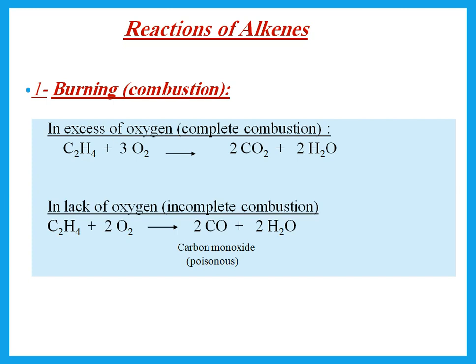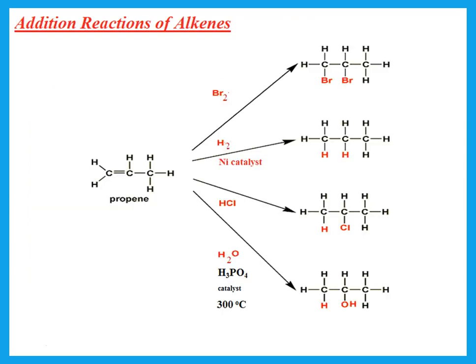Carbon monoxide is a poisonous gas because it attaches to the hemoglobin in the red blood cells, and the red blood cells are supposed to transport oxygen. So if there is carbon monoxide, they are transporting the carbon monoxide instead of the oxygen, so less oxygen goes to the body cells.